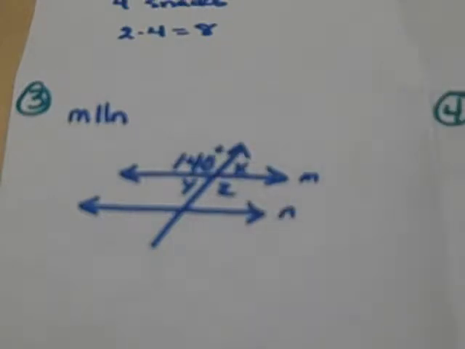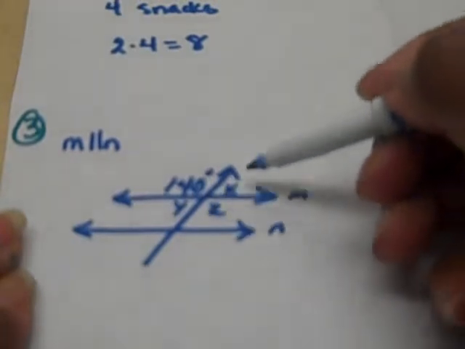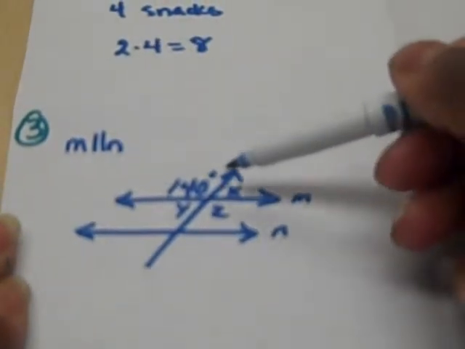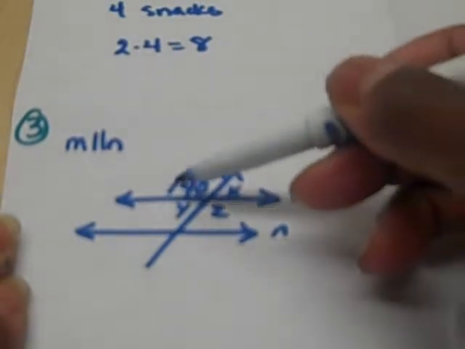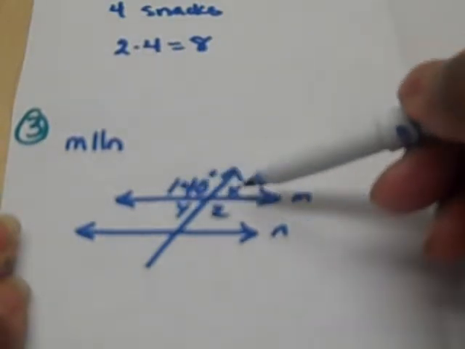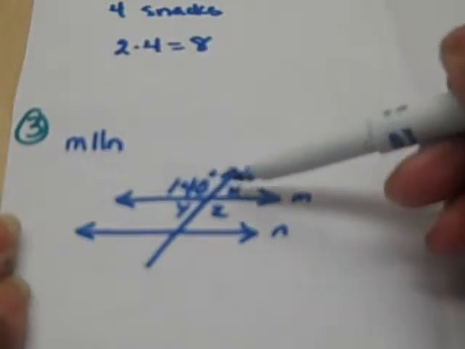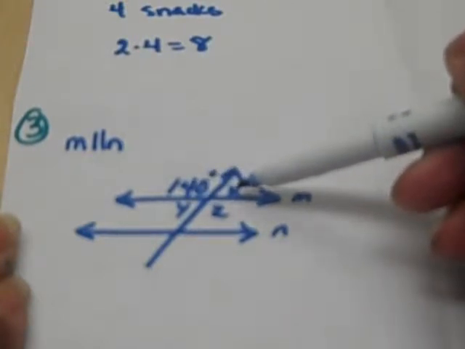find the measures of x, y, and z. Using geometry principles, a transversal cutting parallel lines. We see here we have a straight line, and we know a straight line totals 180 degrees. There are 2 angles making up that 180 degrees.